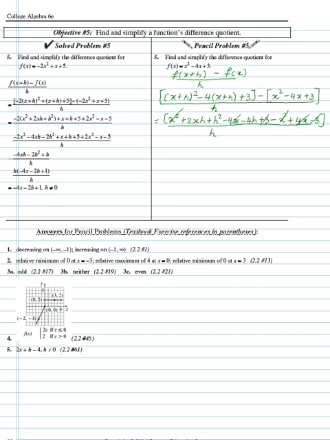Positive 3 and negative 3 cancel. What am I left with? 2xh plus h squared minus 4h divided by h. I see that I can factor an h out from here. When I factor it out, what do I end up with? 2x minus 4 plus h, over h. h and h cancel. I end up with 2x minus 4 plus h.